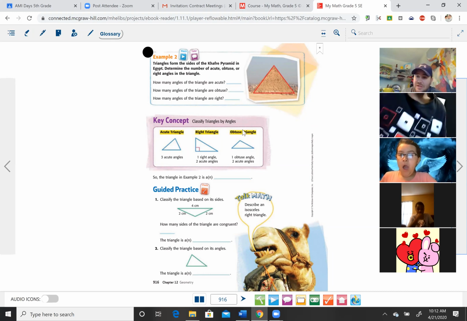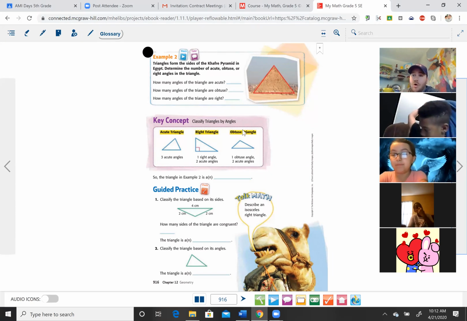If it has one obtuse angle, the whole thing is obtuse. If it has one right angle, the whole thing is a right triangle. So that's how we classified number 1. Pretty quick, pretty easy. It's just a mindset and going through the steps and the process.